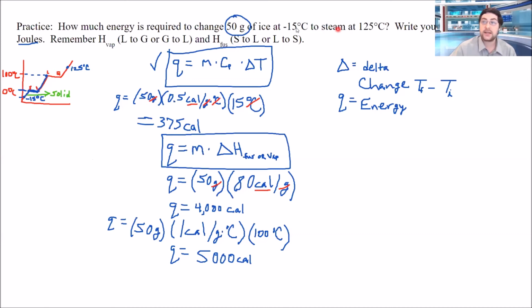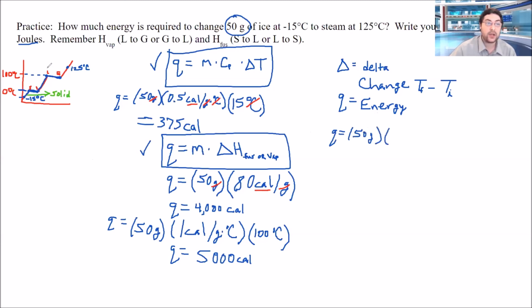All right, so that gets us up to the point where the water is a liquid at 100 degrees Celsius, and now we want to do the next section where we change it into a gas. So now we're right here and we're going to get a gas at 100 degrees Celsius. So we need to use the change in state formula. So we'll say Q equals, we still have 50 grams. And now we need to do the change in state.